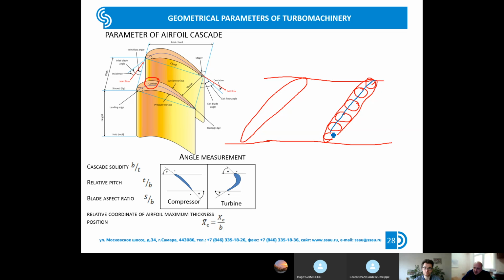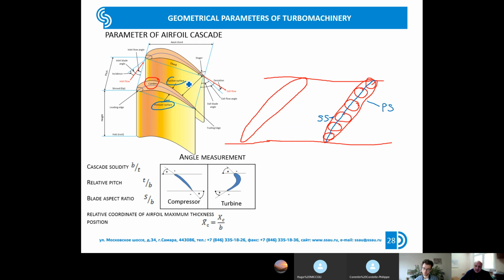If we put inside the profile a lot of circles, which have only one point on the pressure side and the suction side of the blade, and we take all the centers of such circles, we receive the blade camber line. I remind you that this part of the blade is called the pressure side, this one, and the opposite side is called the suction side.